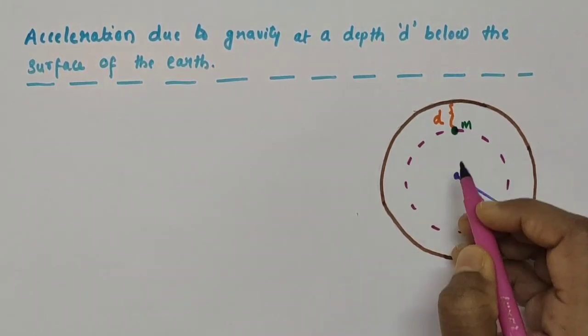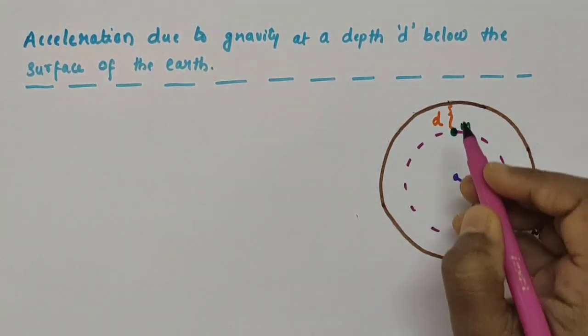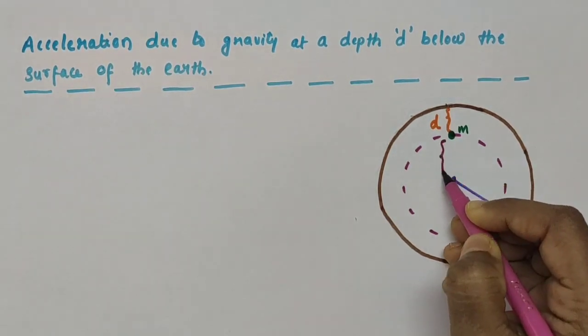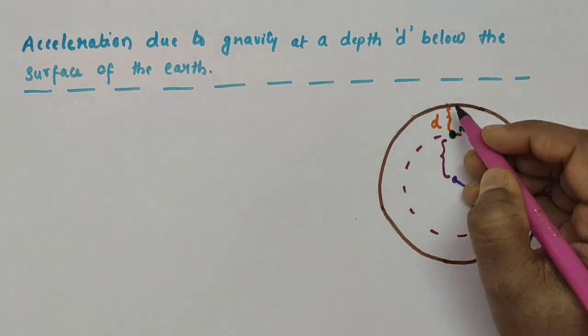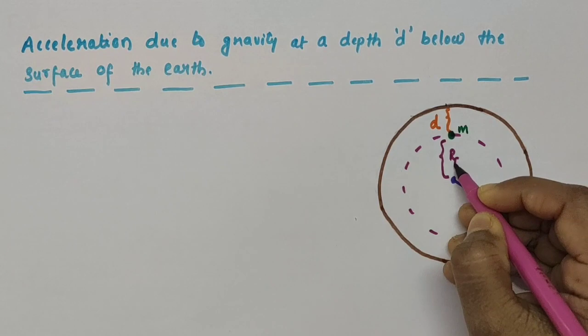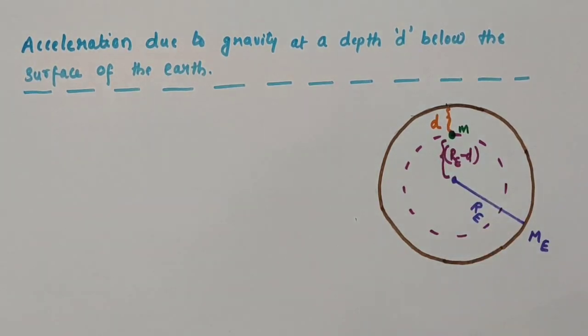See, from the center of the earth to this point, that will be the radius of the earth, no? That is Re. From here to here, this distance is small letter d. So the distance of separation between this point mass and the center of the earth will be Re minus small letter d.